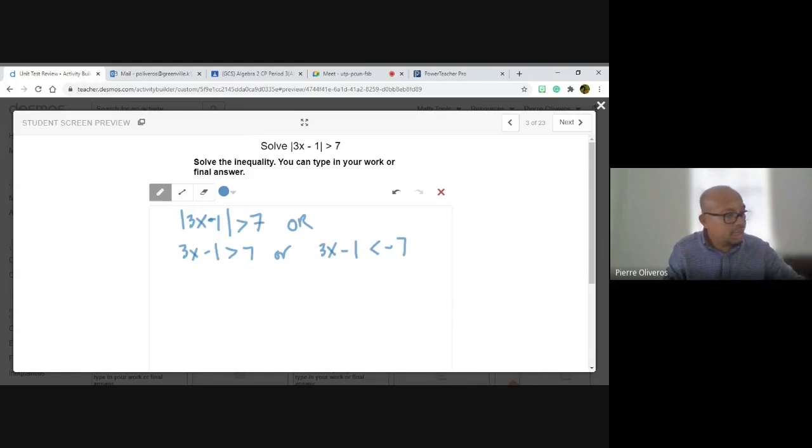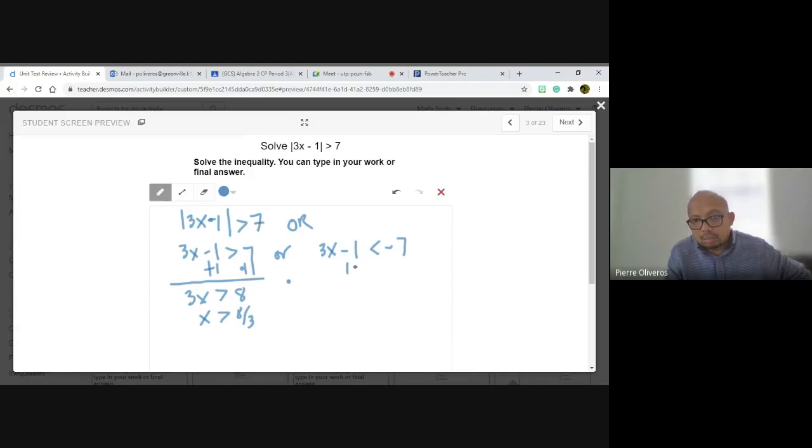We're going to solve for x by adding 1 on both sides. That gives us 3x greater than 8. Divide by 3, x is greater than 8 over 3.